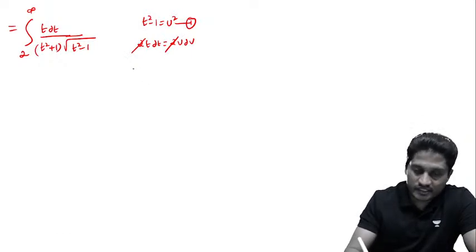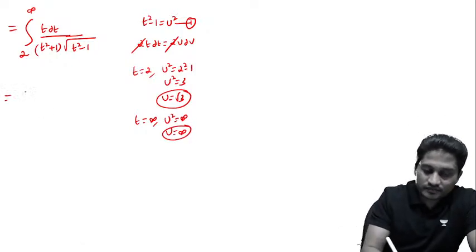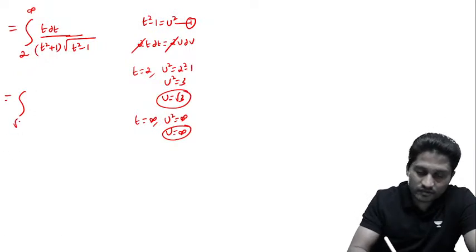Now even the limits will change. When t is equal to 2, u^2 is equal to 2^2 minus 1, u^2 is equal to 3, u is equal to root 3. And when t is equal to infinity, u^2 is infinity, u is equal to infinity. Now the limit becomes root 3 to infinity.